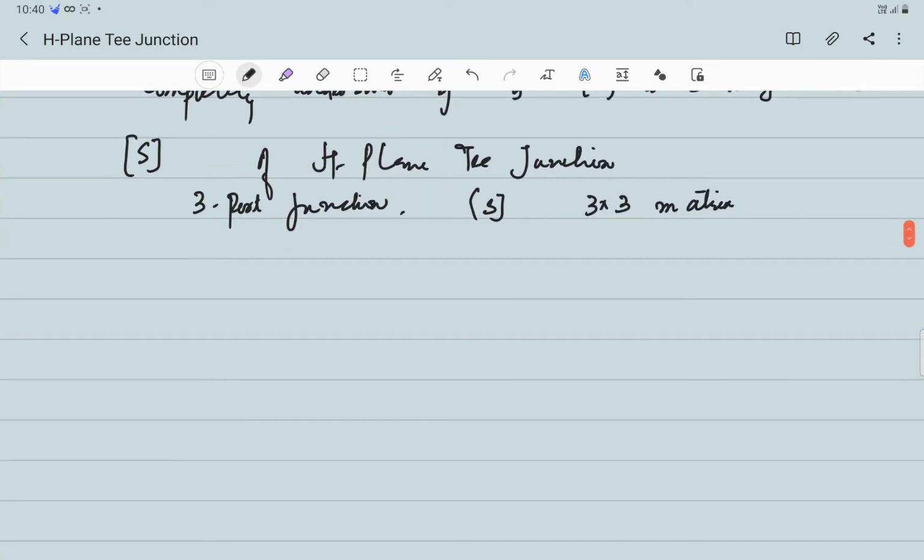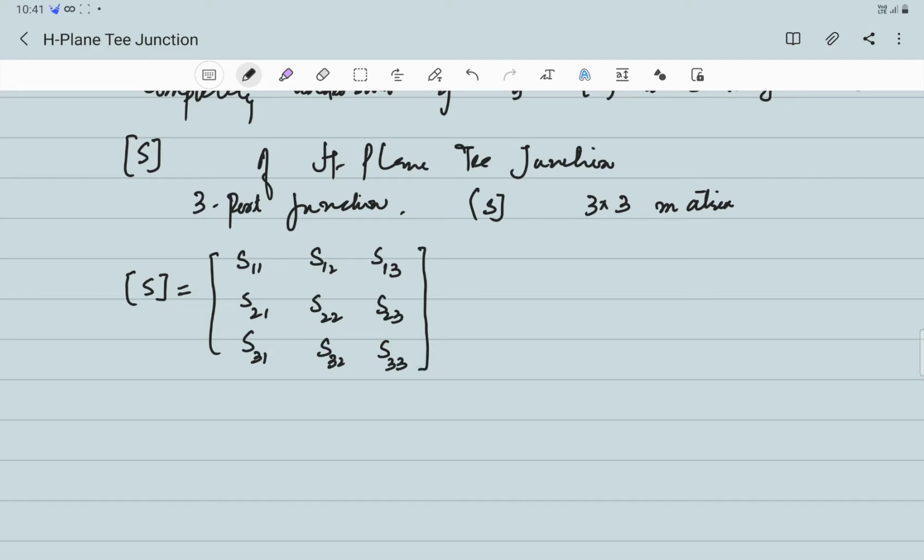So it would look like this: the S matrix would have these elements: S11, S12, S13, S21, S22, S23, S31, S32, S33. Since there are 3 possible inputs and 3 possible outputs to this 3-port network, naturally the S matrix would be a square matrix of order 3x3.